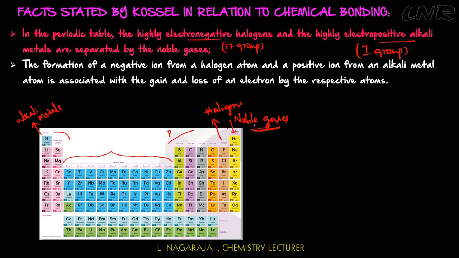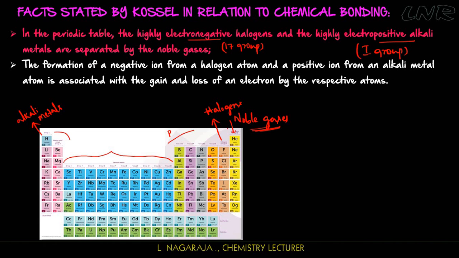And the formation of a negative ion from the halogen atom and a positive ion from the alkali metals are associated with a gain or loss of electron by the respective atoms.